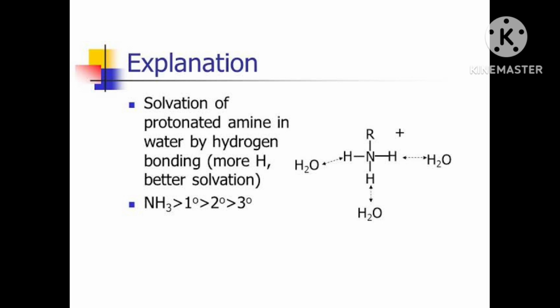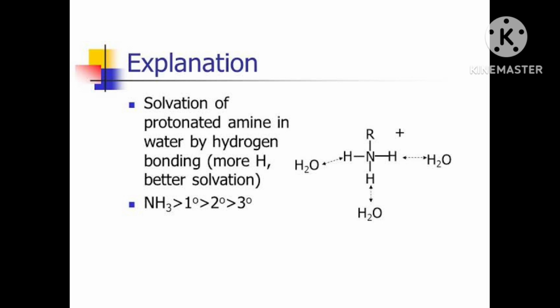Now you consider this alkyl amine and ammonia. Then due to the electron releasing nature of alkyl group, it pushes electron towards the nitrogen and thus makes the unshared electron pair more available for sharing with proton of the acid.